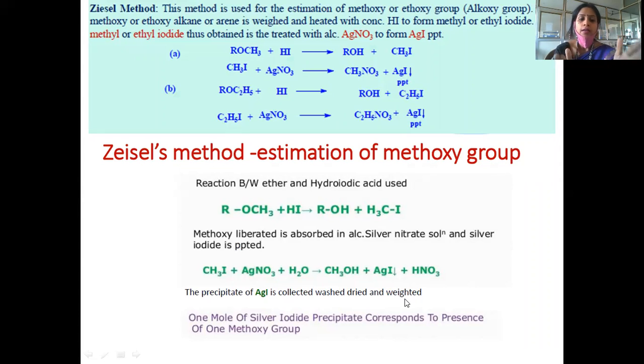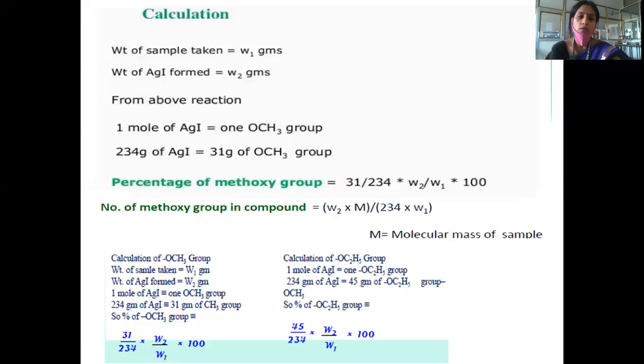Since 1 mole of silver iodide precipitate corresponds to the presence of one methoxy group, there was one methoxy group, that is why one silver iodide is being precipitated. We use the same concept for calculation. If we have taken the sample as W1 grams and the silver iodide formed is W2, from the reaction we see that 1 mole of silver iodide equals 234 grams, and 1 mole of OCH3 equals 31 grams.